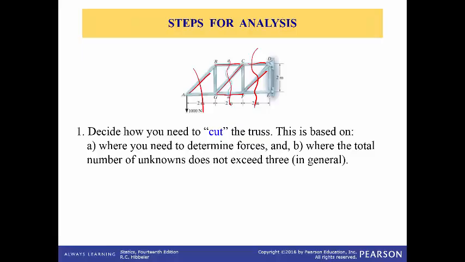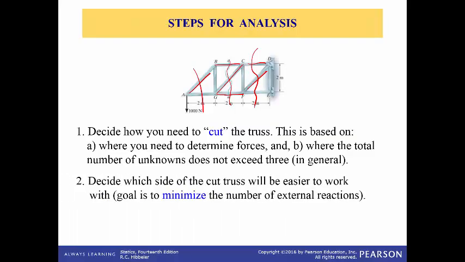So depending on what forces you need to determine, and where the total number of unknowns does not exceed 3, decide which side of the truss will be easier to work with, because you want to minimize the reactions. And let me show this real briefly.